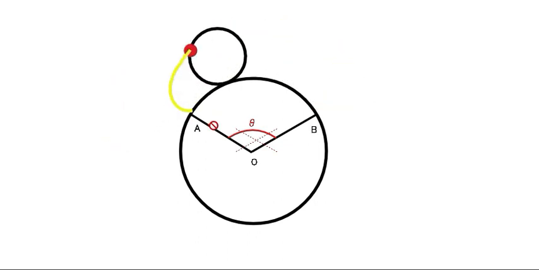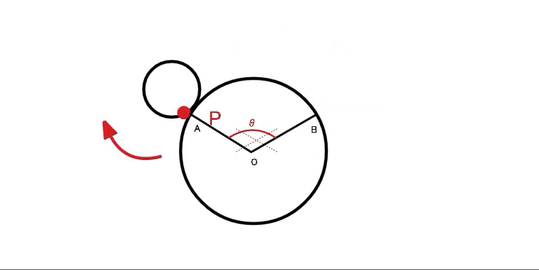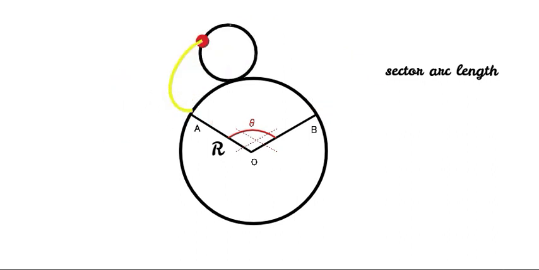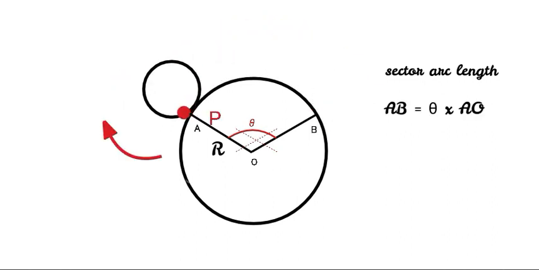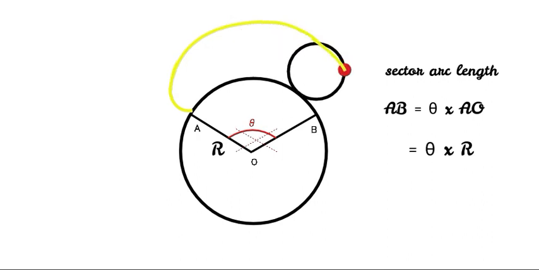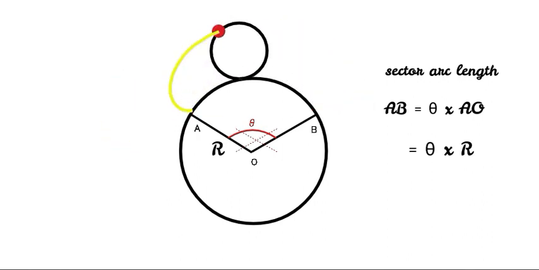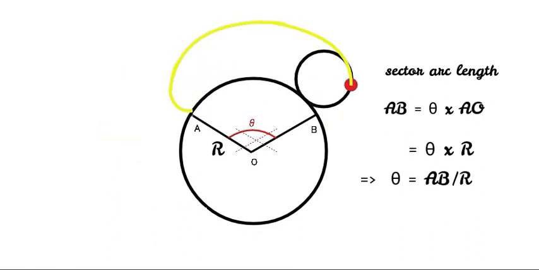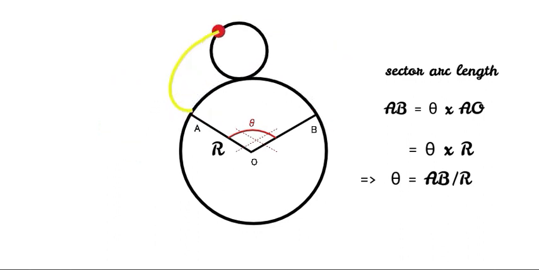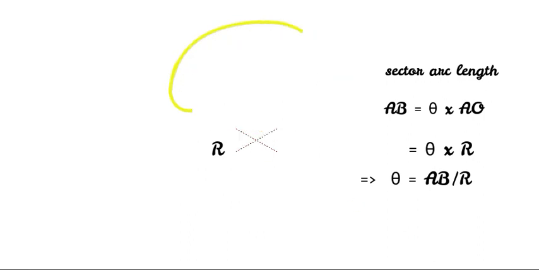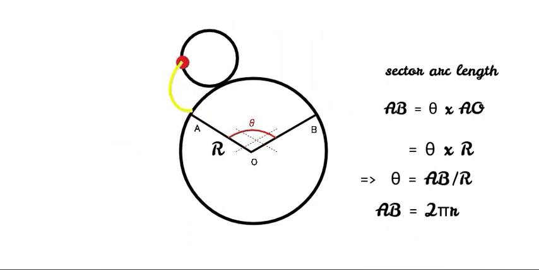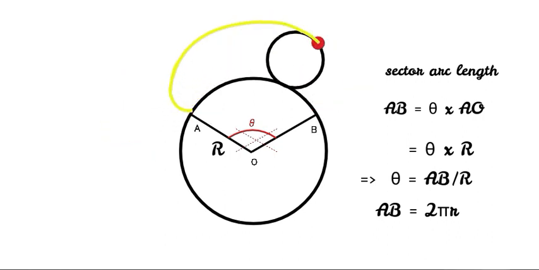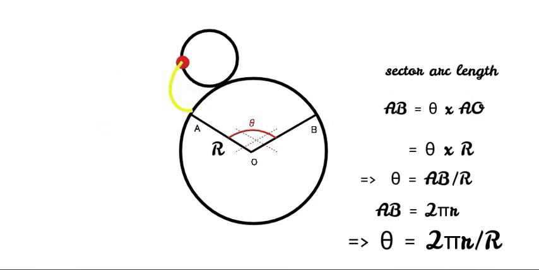So we need a formula. From the sector equation we have length of arc equal to the product of the angle theta and radius. From that formula we get the theta value as length of arc divided by the radius of the directing circle, where length of arc is equal to 2 pi r, and r is the radius of the generating circle.